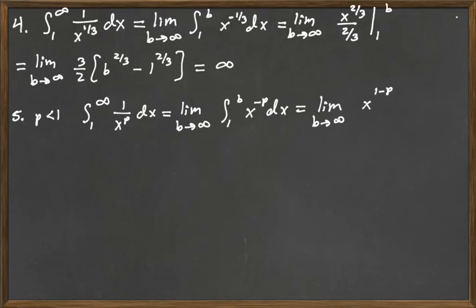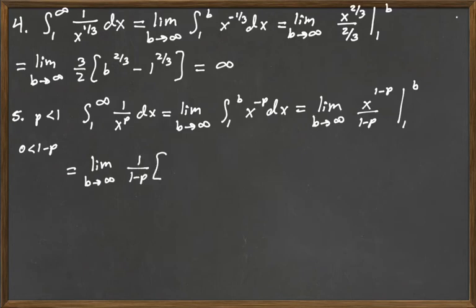And we're going to add 1 to our exponent and divide by our exponent, evaluated from 1 to b. Okay, so p is less than 1, so if we subtract p from both sides, 0 is less than 1 minus p, or in other words, 1 minus p is positive, so it's going to stay in the numerator. So this is equal to the limit as b goes to infinity of 1 over 1 minus p, times b to the 1 minus p minus 1 to the 1 minus p.